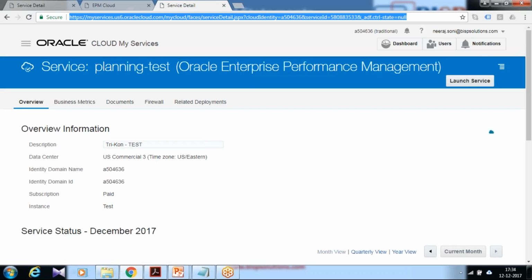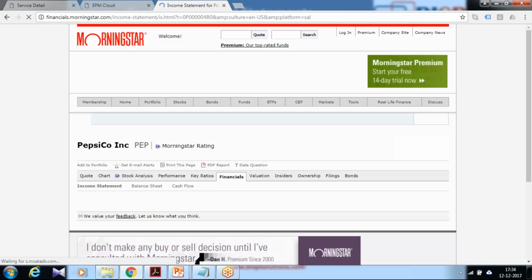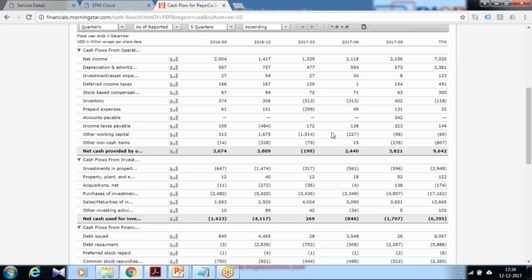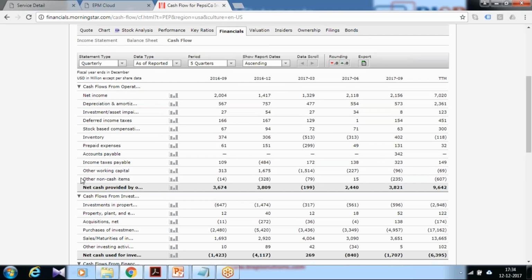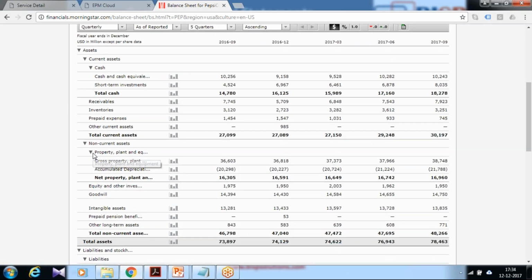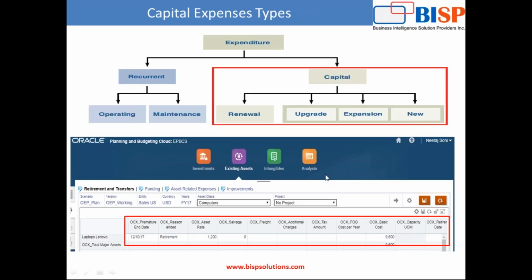We can see the balance sheet of PepsiCo under Morningstar, and in Morningstar under cash flow, you can find operating expenses, different operating expenses, and in the balance sheet you find a note called property, plant, and equipment, and maybe it is further broken down into more granular detail, or you might have summary information of all expenses, accumulated depreciation and property, plant, and equipment, gross and net. So it is essentially part of your balance sheet.